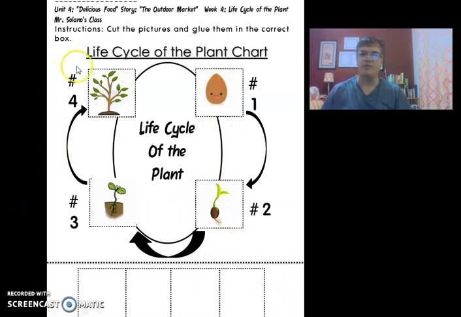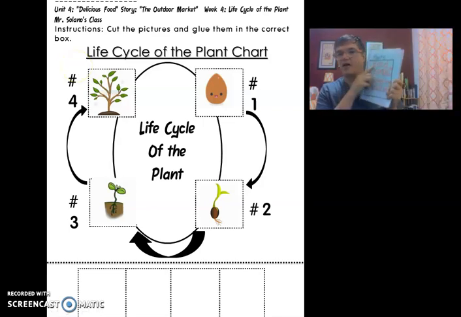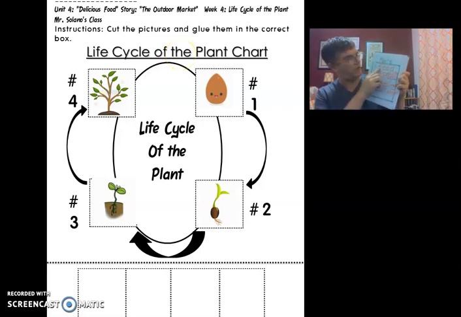Now you have the 4 pictures. I'm going to show you the name of the word and then the picture. So number 1 we say everybody seed, and that's right here. And then we go to number 2, and number 2 is a sprout. Let's go to the sprout.